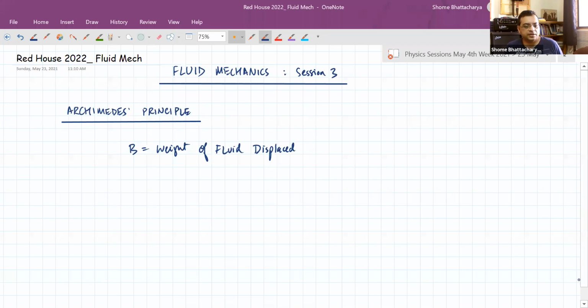So let's apply that to floating objects today. A floating object is one where the buoyant force is able to balance the weight of the object.